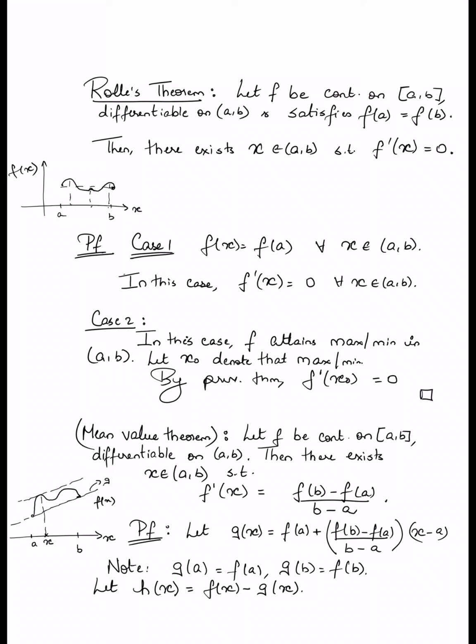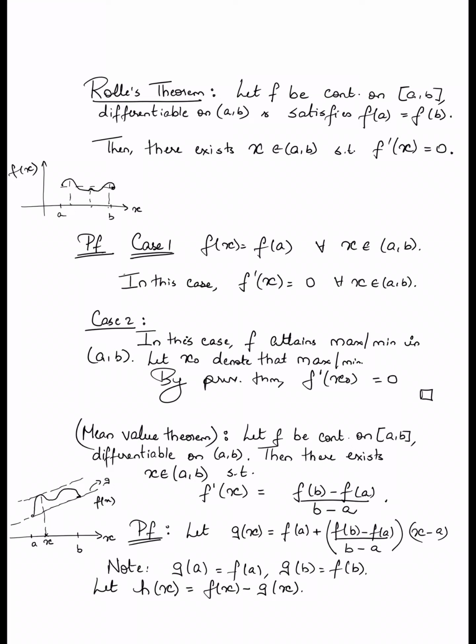If you do this, then h(x) basically takes the value 0 at a and it takes the value 0 at b. The fact that it does that implies that you can apply Rolle's theorem to h to argue that there must exist a point where the derivative of h is 0, right?